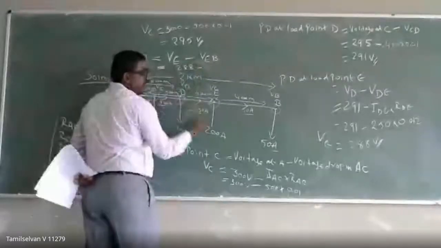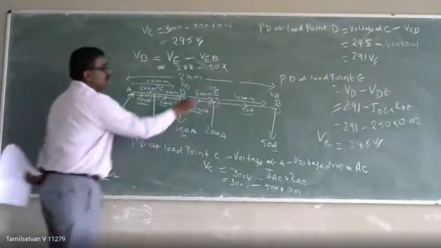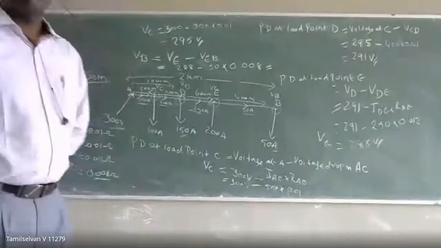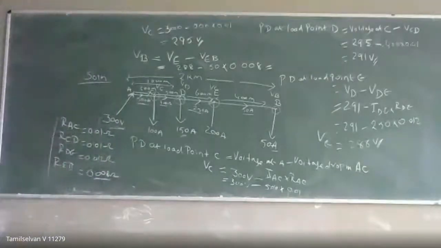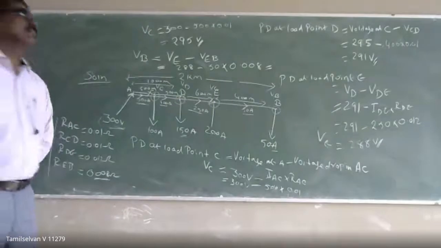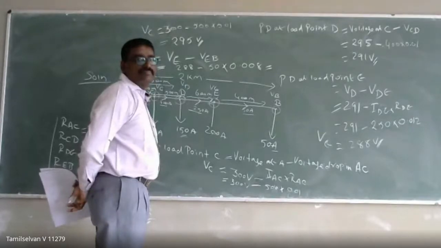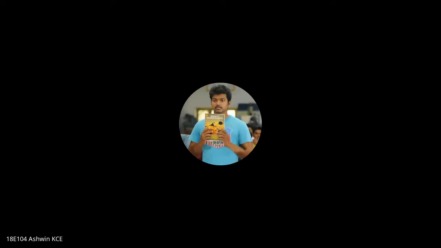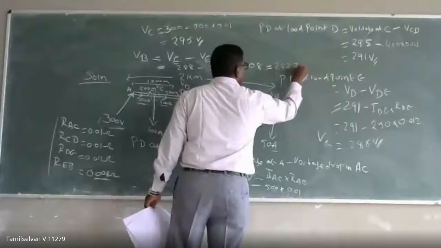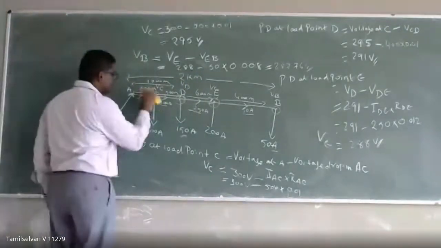So 288 minus the current in this section, 50 ampere, into the resistance 0.008. What is the value? It is 287.76 volts.